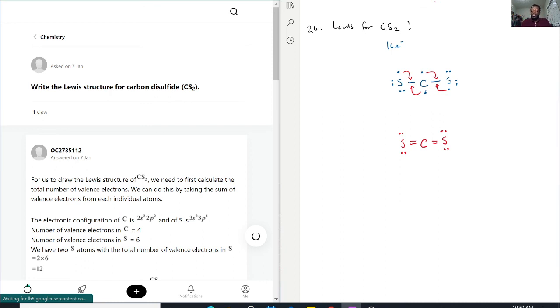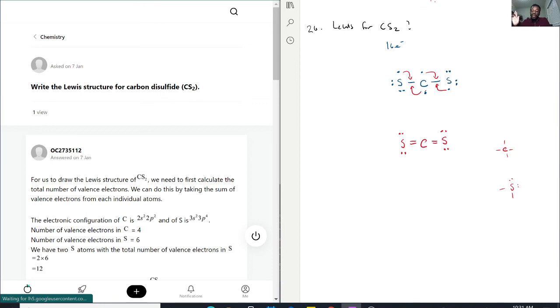The unpaired electrons are gone, and this would be its most stable form. We check the formal charges real quick. Carbon likes to have 4 bonds, which is what it has here, technically 4 bonds, which is just 2 double bonds. And the sulfur, on the other hand, likes to have 2 lone pairs and 2 bonds, which is also what it has. So the formal charge here is 0 throughout.